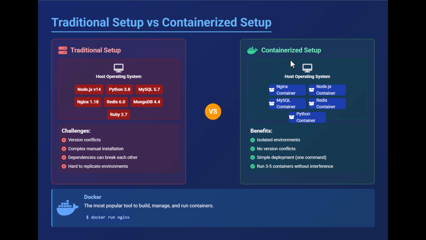Nginx, Node.js, MySQL, Redis, Python, each has its own environment isolated from the others. Benefits include isolated environments, no stepping on each other's toes, no version conflicts, you can run Python 2.7 and 3.8 side by side. Simple deployment, usually just one command, and multiple services can run simultaneously without interfering.